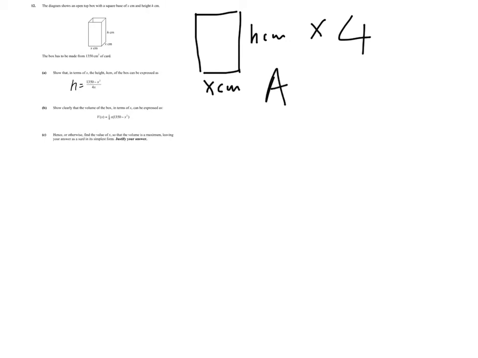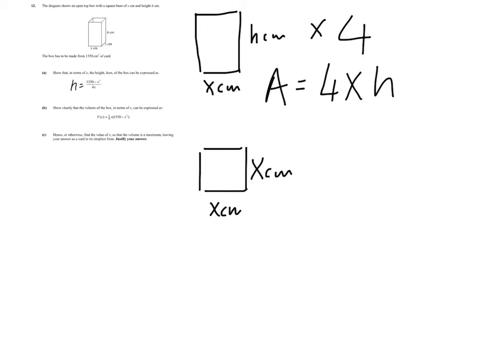So the area of a rectangle is the length times the breadth, which is x times h. And since we have 4 of them, that means the area of the sides and the front and the back in total is 4xh. What we also know is that the base of the box is a square. The length and the breadth is x centimetres by x centimetres.